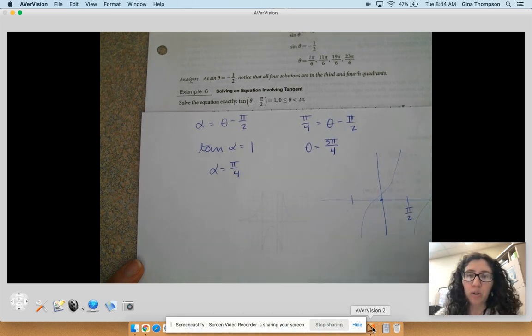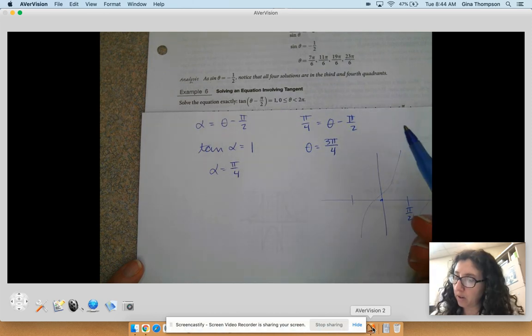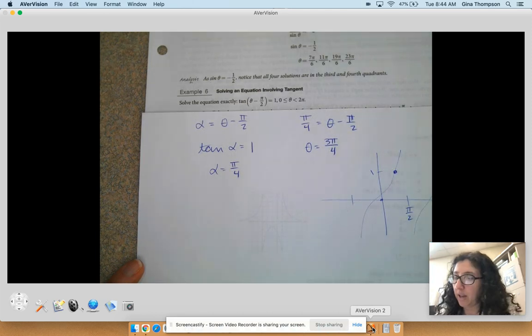So between 0 and 2 pi, which is our restricted domain, how many answers are we expecting? Well, here's 1, let's just say. So we're expecting like 2 different answers. Okay, and we've got 1 answer, 3 pi fourths. And 3 pi fourths is here.